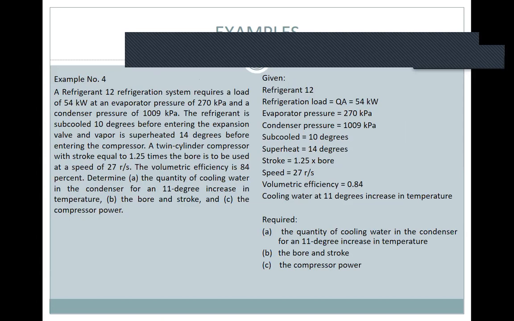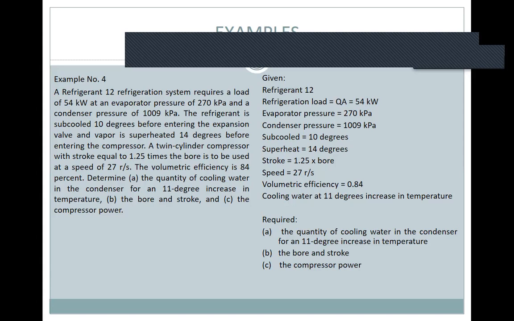A twin cylinder compressor with stroke equal to 1.25 times the bore is to be used at a speed of 27 revolutions per second. So hindi na kailangan i-discuss pa yung pagkuha niya ng volume. The volumetric efficiency is 84%. So determine A, the quantity of cooling water in the condenser for an 11-degree increase in temperature, B, the bore and stroke, and C, the compressor power.